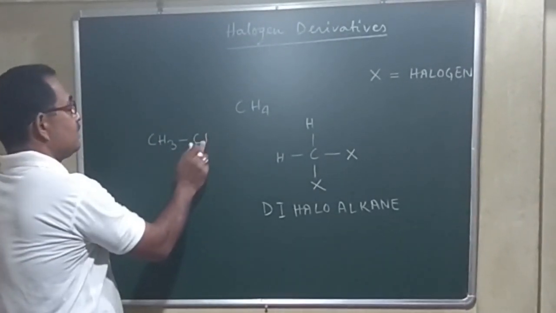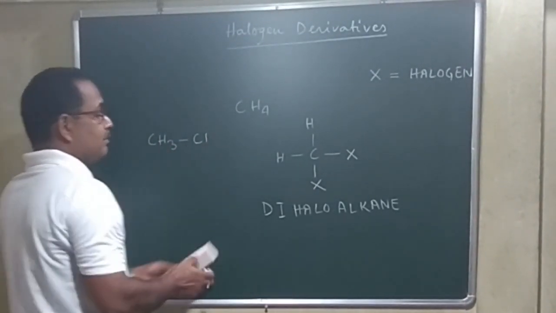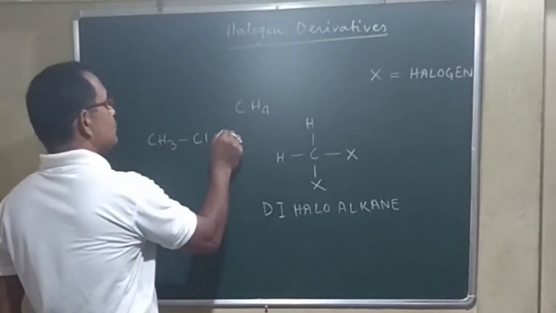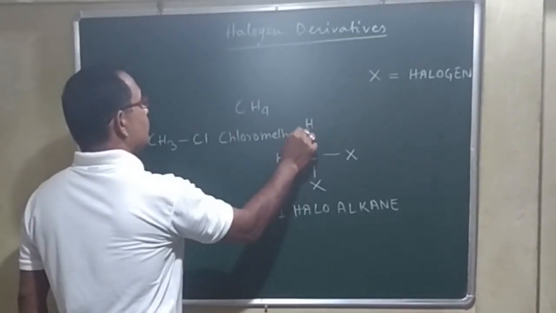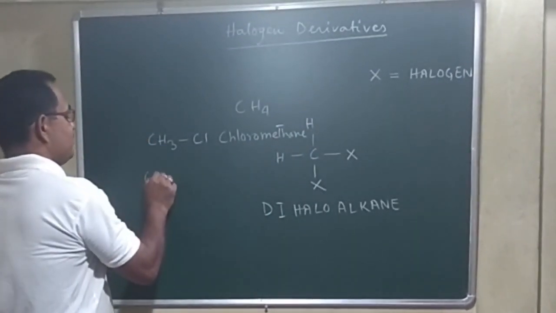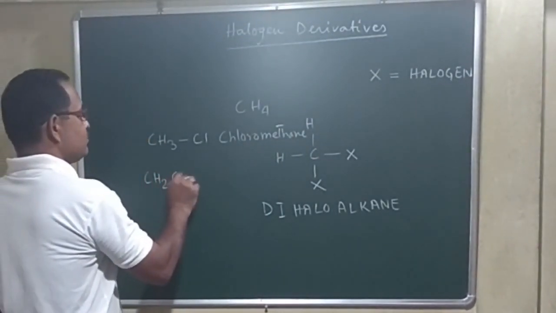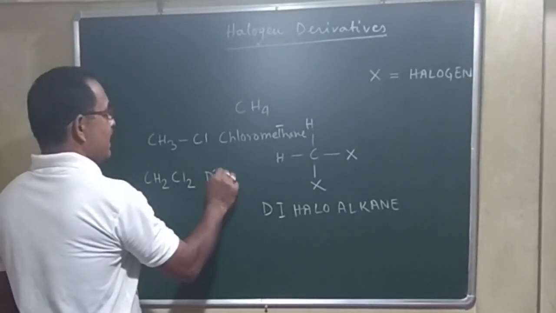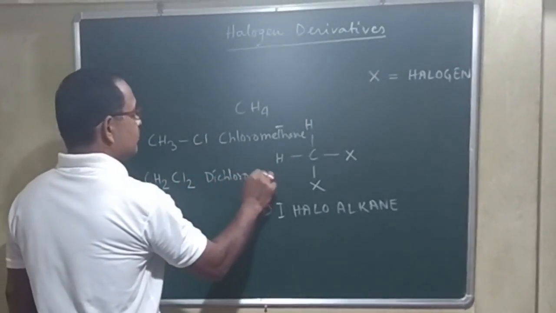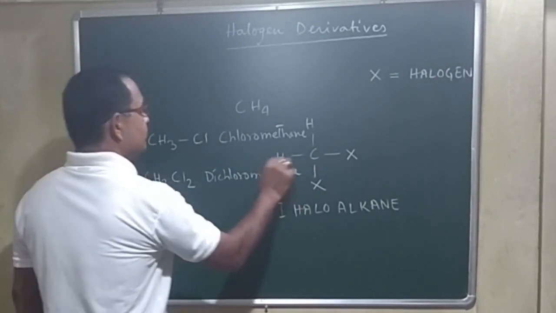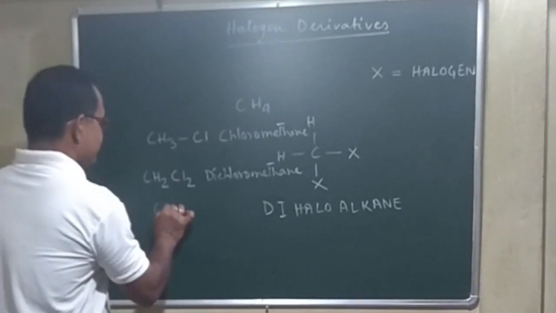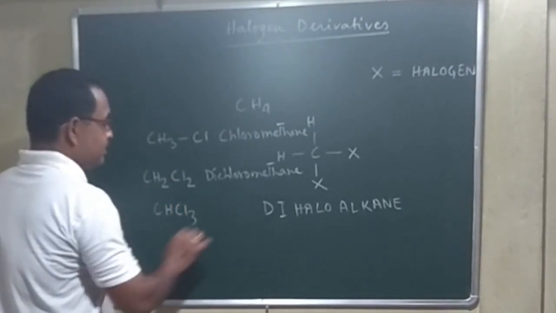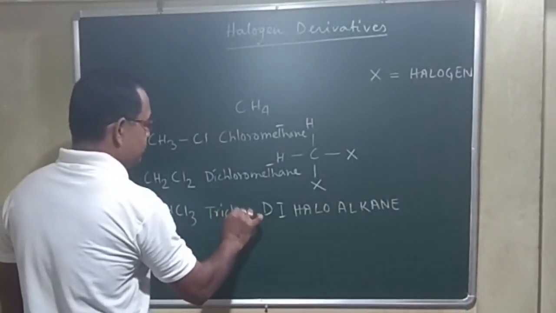So, from methane, if we consider chlorine as the halogen, we will get CH3Cl. What is this? This is chloromethane. We may have CH2Cl2. It is dichloromethane. We may have CHCl3. This is trichloromethane.